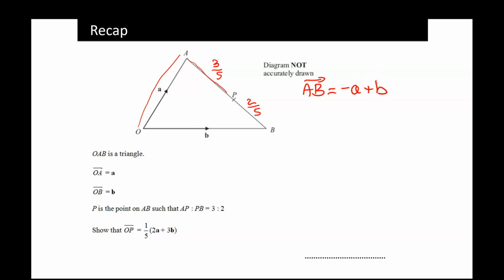So now I know that bit, I can work out that OP is going to be A. So I'm going to go up there, and then I need 3/5 of this.